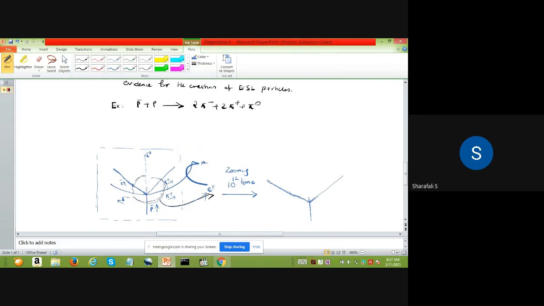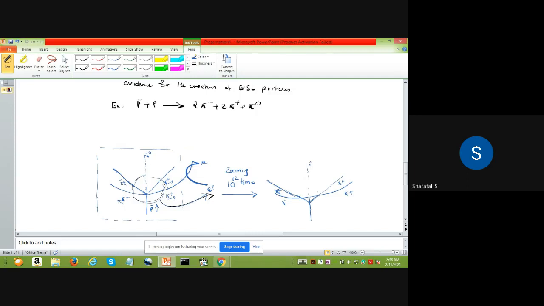And then, a little after, we'll have other pions which are going like this. So when you zoom that particular photograph, you will get this is pi plus, this is again pi plus, and here you have pi minus, this is pi minus, and you will have pi 0 coming in this direction.